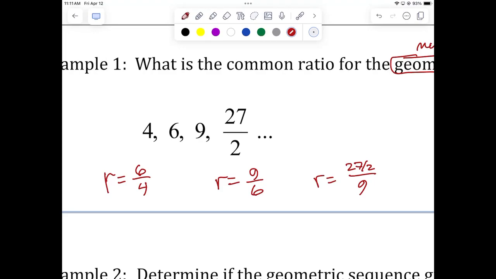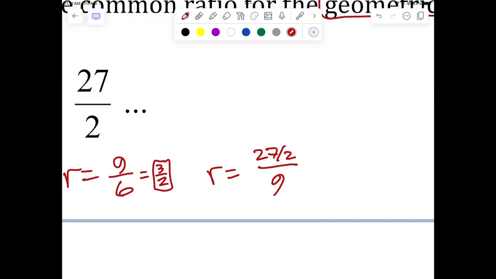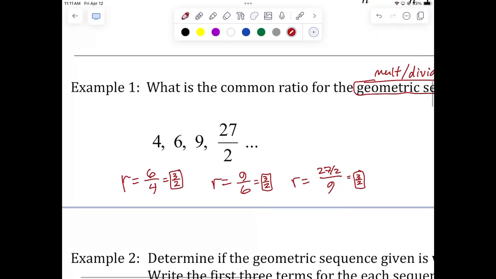What's 6 divided by 4 simplified to? 3 over 2, which is 1.5. What is 9 over 6 simplified to? 3 over 2. Guess what 27 halves divided by 9 simplifies to? 3 over 2, yeah. You might as well choose the easier one.